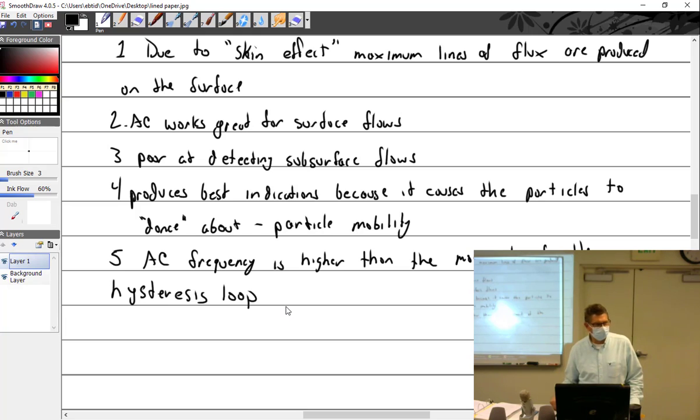In other words, its frequency is moving much faster than this hysteresis loop. So while it's doing its thing, the hysteresis loop spreads out.